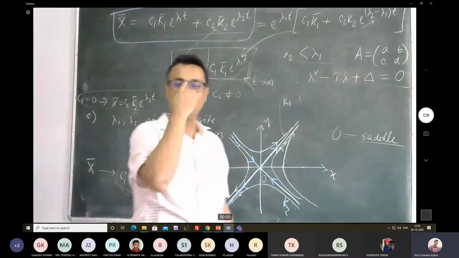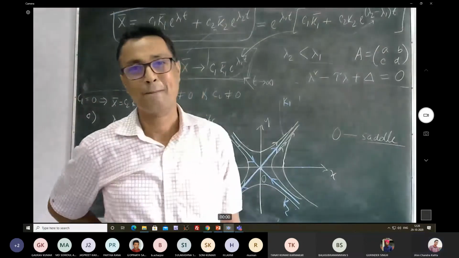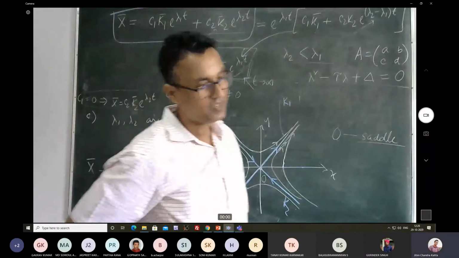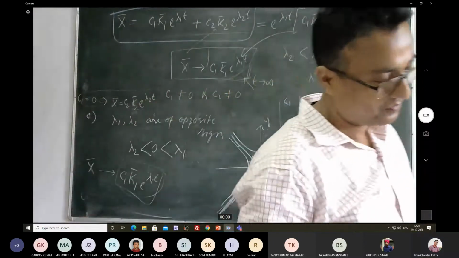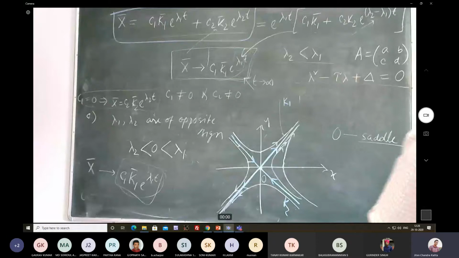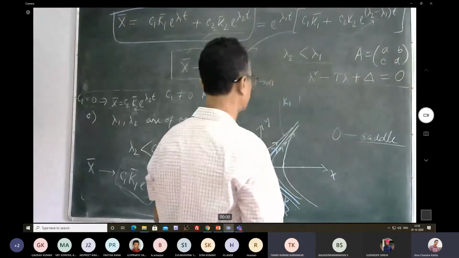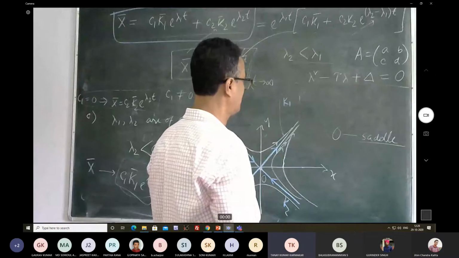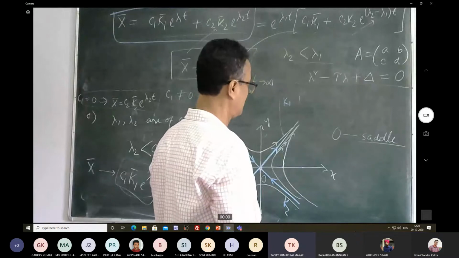Should I call it stable or unstable? The trajectories are not converging at this point 0, 0. So this must be unstable.